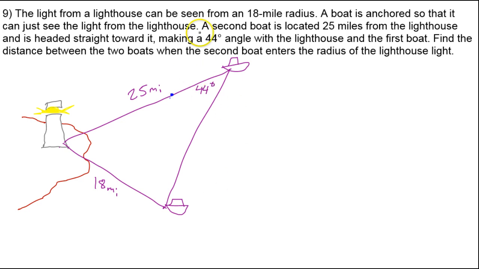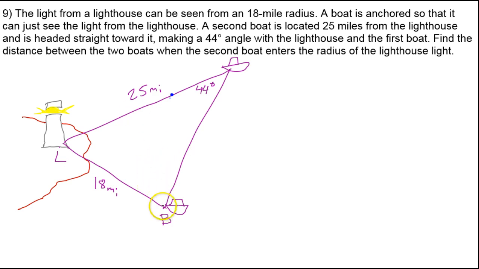Now there's more to the story, but we're going to need to know what these angles are to find anything else that we need to know. So let's go ahead and figure out what these angles are right now, and then we'll analyze the rest of the story. I'm going to call this angle B for boat, and I'm going to call this angle L for lighthouse. So which one of these angles can I find?